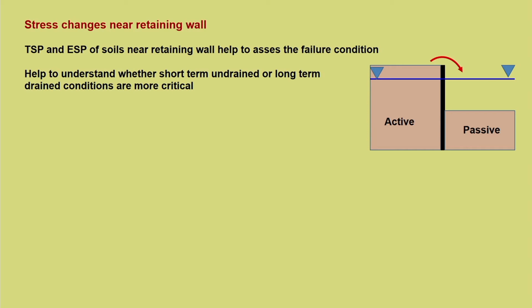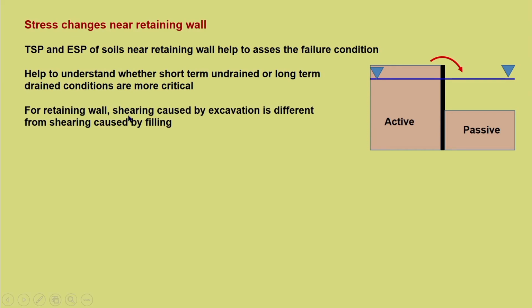Now, what determines this? Essentially, during undrained condition, the kind of pore water pressure that gets generated determines this. It can be positive pore water pressure or it can be negative pore water pressure. That determines in what direction the effective stress path would move further.